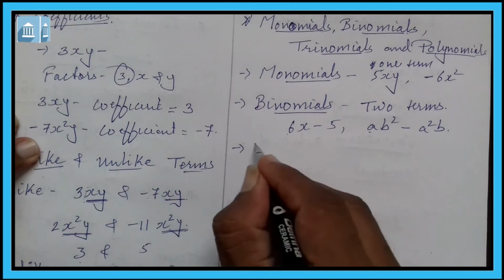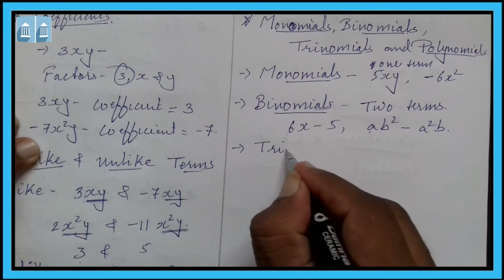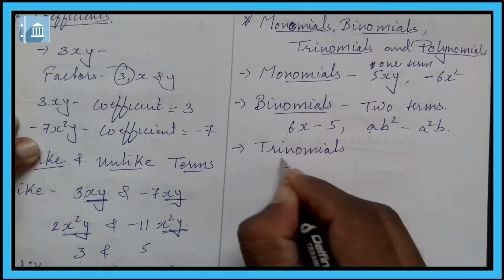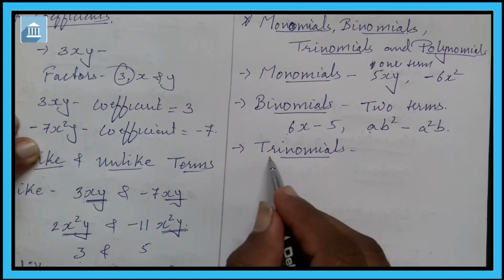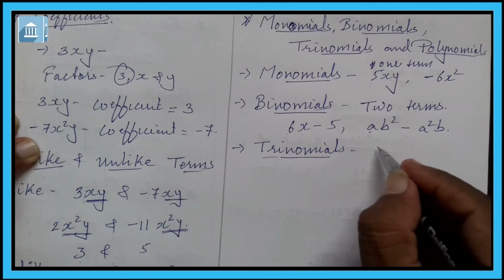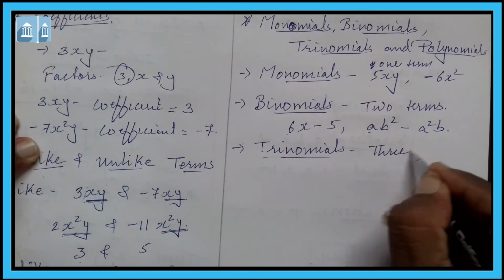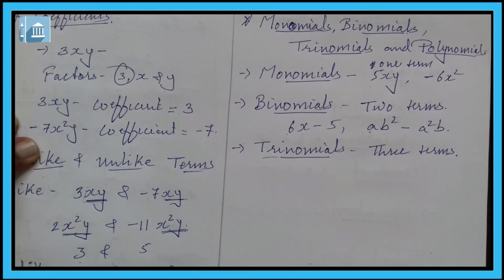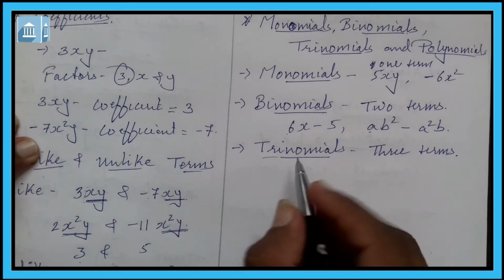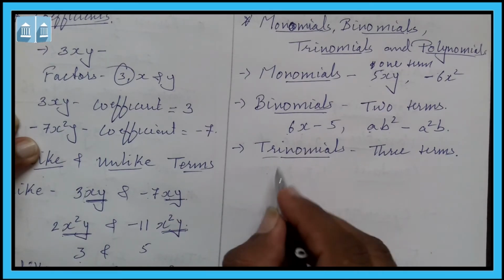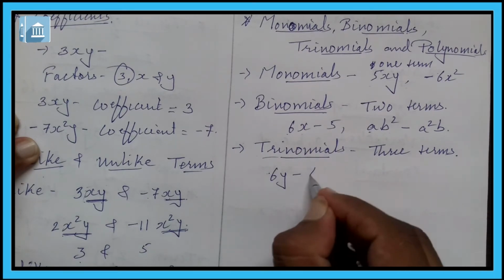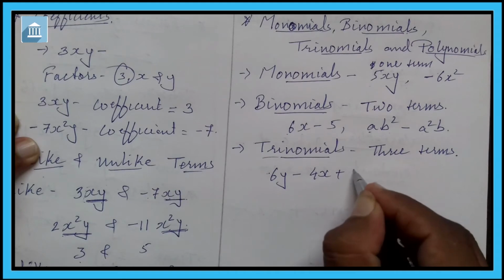Then let us see trinomial. In trinomial, tri means three. So the expression with three terms is known as a trinomial. For example, 6y minus 4x plus 5xy.